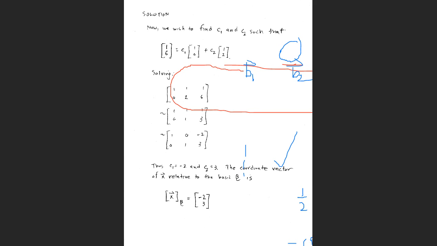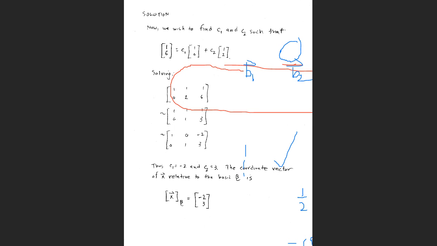Here's your b1, here b2. So the coordinate vector of the vector x, that vector 1, 6, relative to the basis script b, is going to equal -2, 3.